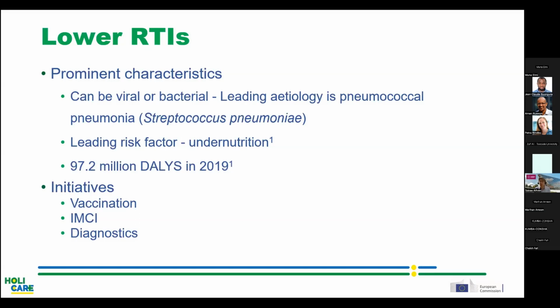So here it's very important that we get better at the differential diagnostics between viral and bacterial. And again, the leading cause is undernutrition, for children with bad nutrition, and also elderly who are malnourished. Big number of DALYs lost. Here we need vaccinations, integrated management of childhood illnesses to reach the children, and better diagnostics.